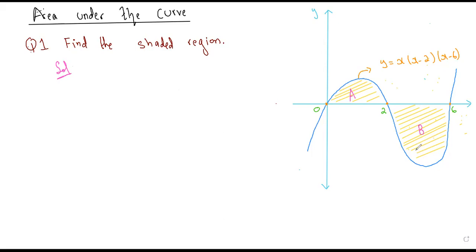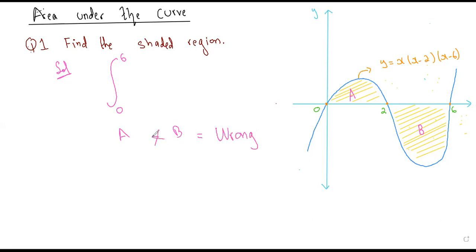Now you cannot just integrate all the function and use 0 and 6 as the limits. No. Why? Because A would be positive and B would be negative and the answer would be wrong.